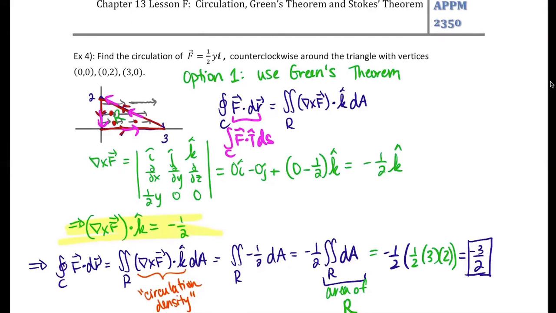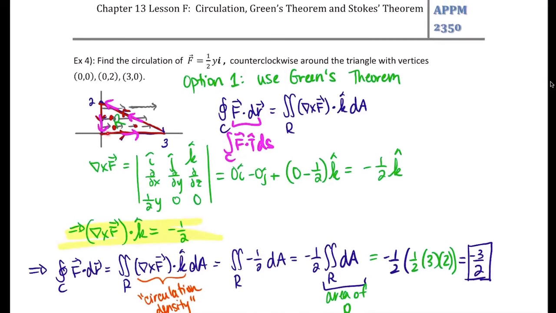Our overall circulation is -3/2, which makes sense because more of the vector field is going against the direction that I'm moving. I'm moving along the curve right here in the direction of the pink vectors, but my vector field is moving away from that, so I'm getting more of a negative contribution. I don't have this vector field really flowing around this triangle in a triangular fashion.